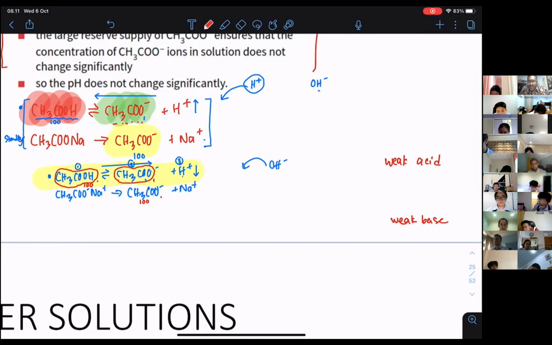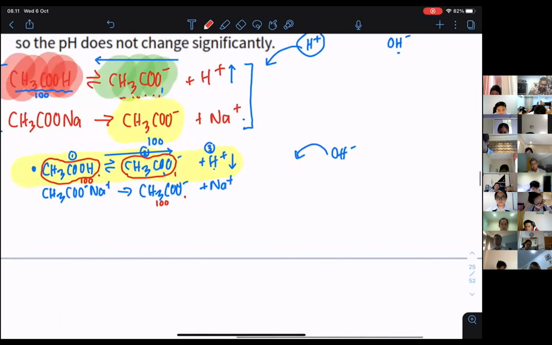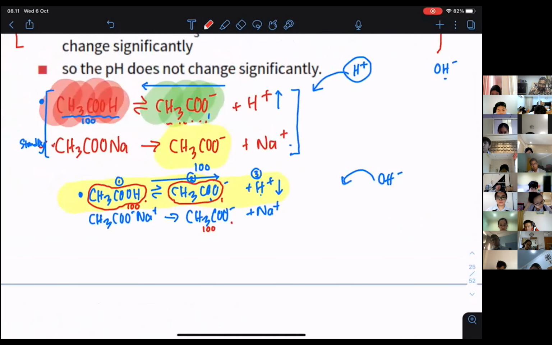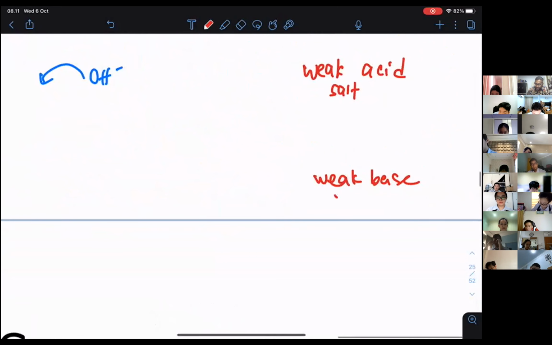One of it is from the weak acid, no problem. But another one is the salt of the weak acid. That's why you need the salt of the weak acid, which is this one. Why? Because this salt will provide this. That is the same situation where you need the salt of the weak acid, or the salt of the weak base.